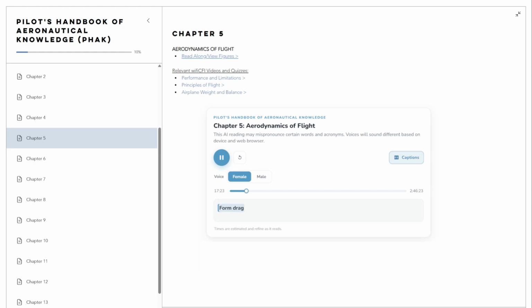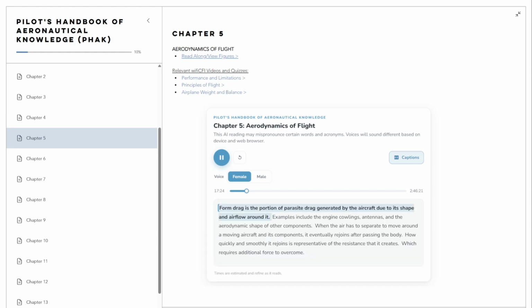Form drag. Form drag is the portion of parasite drag generated by the aircraft due to its shape and airflow around it. Examples include the engine cowlings, antennas, and the aerodynamic shape of other components. When the air has to separate to move around a moving aircraft and its components, it eventually rejoins after passing the body.